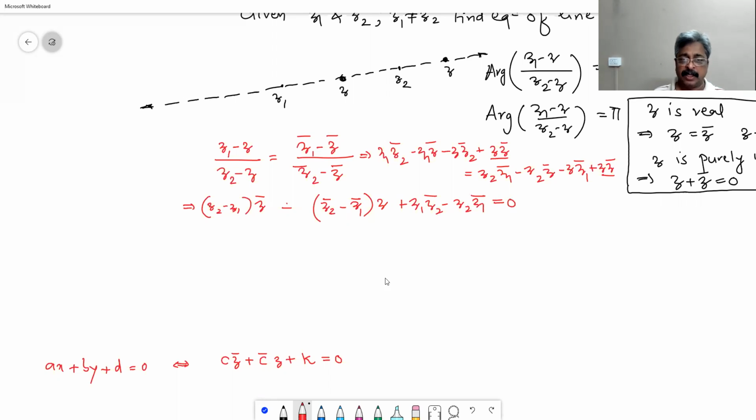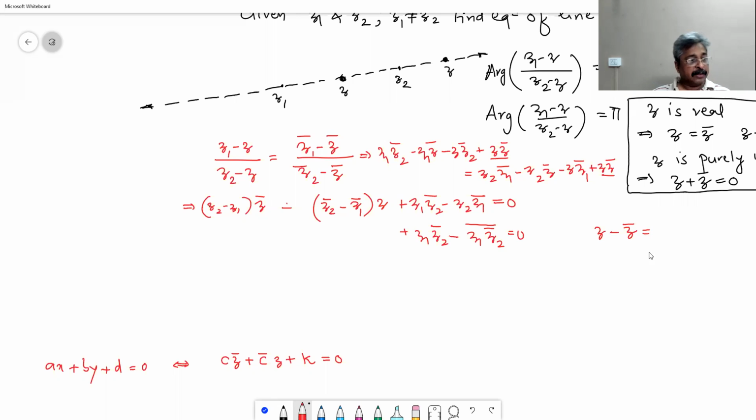Did everyone follow till here? Now what is this fellow? This fellow is z1 z2 bar minus z1 z2 bar is equal to 0. So if you have a complex number z and you subtract its z bar from it, what do you end up getting?